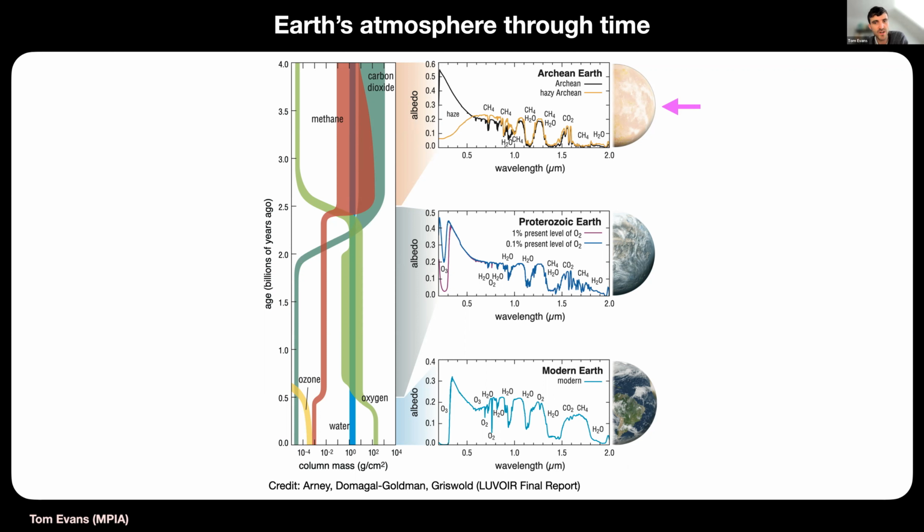And so in very broad brushstrokes, during the Archean eon, carbon dioxide levels were relatively high, along with methane, thanks to methanogenic bacteria. And then during the Proterozoic, carbon dioxide levels started dropping thanks to weathering by growing continental crusts, and bacteria also developed photosynthesis, which started to raise the oxygen levels.